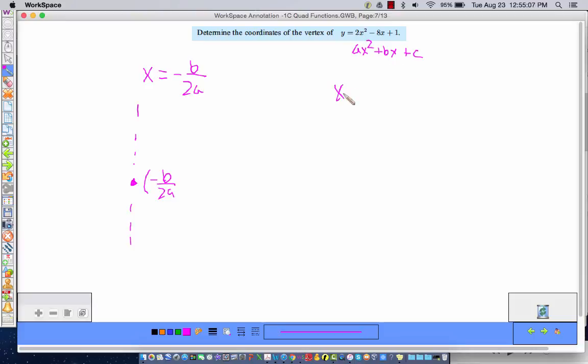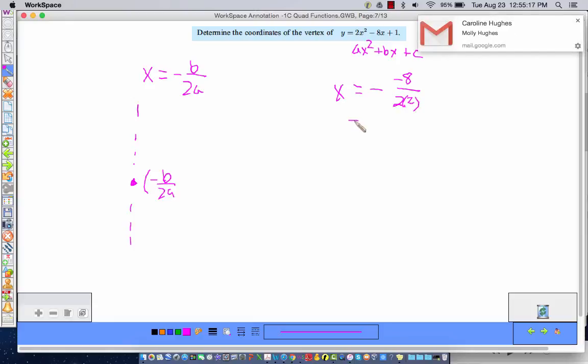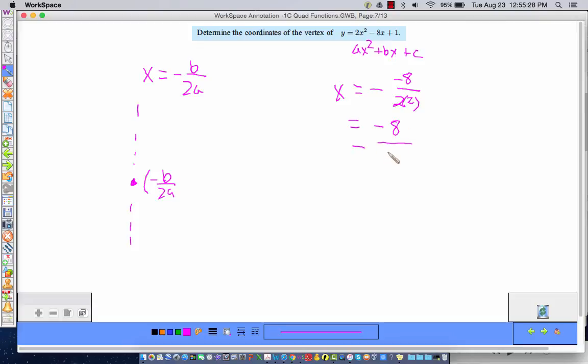So my x-coordinate in this case is going to be negative 8 over 2 times 2. Thank you, Miss Hughes. Negative, negative 8, over 4. Negative times a negative is a positive, so that gives me 2. So I have an x-coordinate of 2.